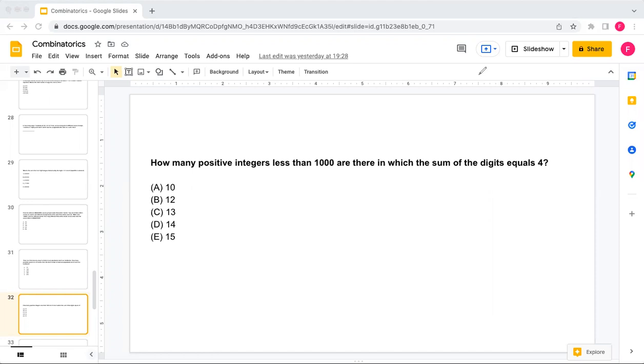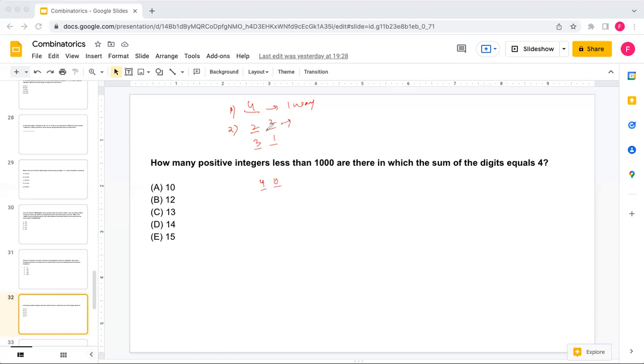But first see that in general, if we want to count, then how many ways can we do this? First of all, if we have 1 digit, that is 4, only one way. If we have 2 digits, that is when both are 2, or when we have 3 and 1, or when we have 4 and 0.